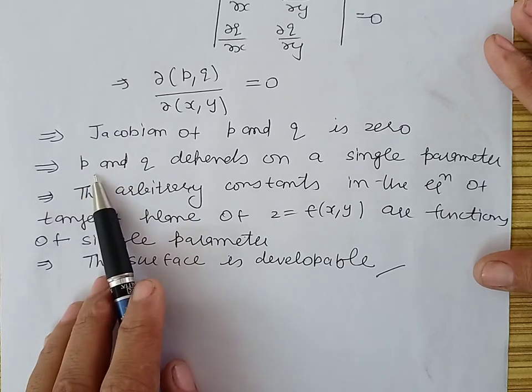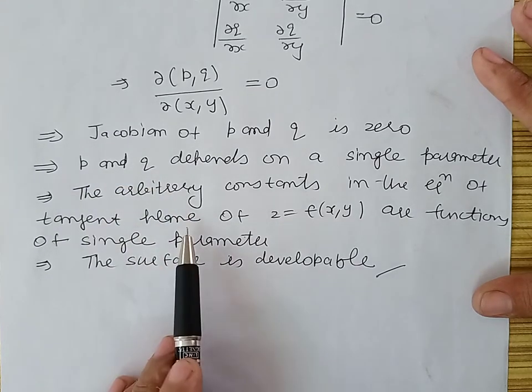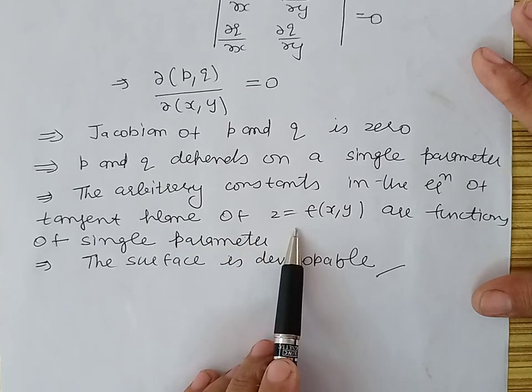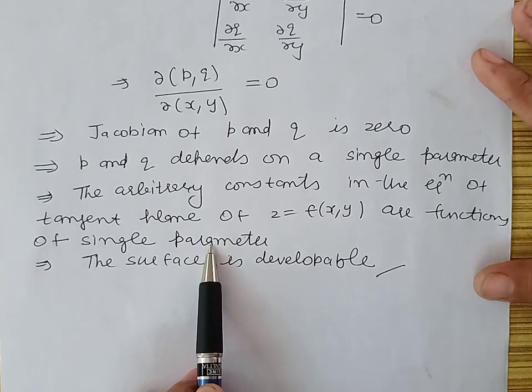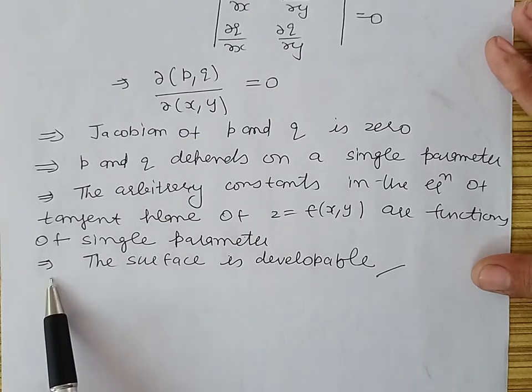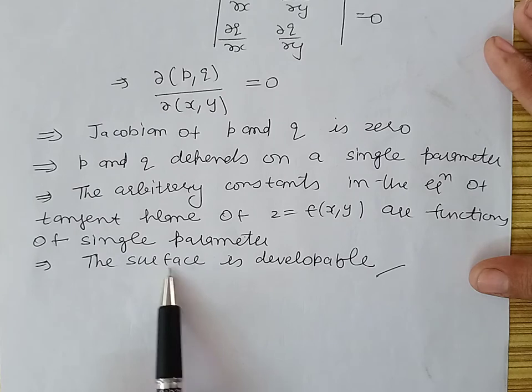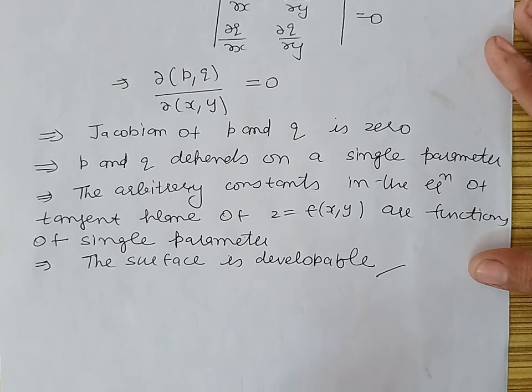Thus the arbitrary constants in the equation of the tangent plane of the given surface are functions of a single parameter, and if the tangent plane contains arbitrary constants which are functions of a single parameter, then by definition the surface is a developable surface. So this proves the sufficient condition for the surface to be developable.